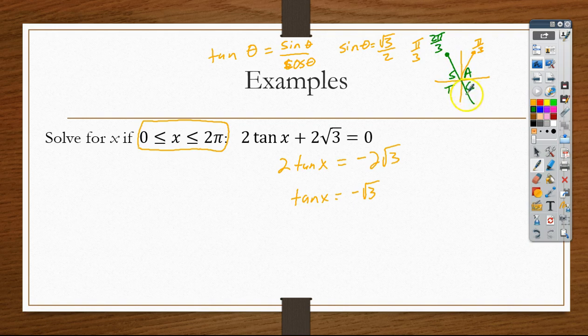This one's at 5 pi over 3. So tangent is equal to the negative square root of 3 at those two locations. And I go, so x is equal to 2 pi over 3, or x is equal to 5 pi over 3.